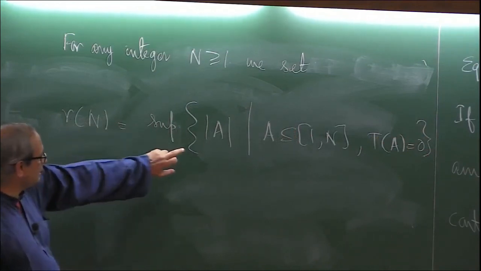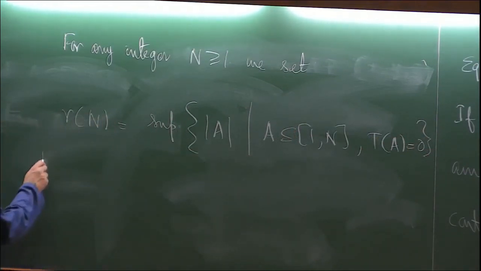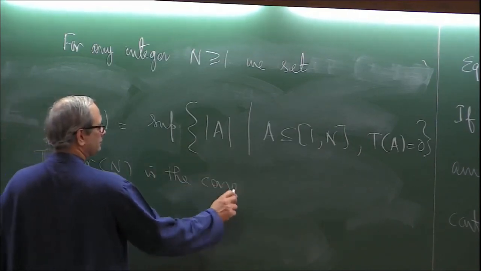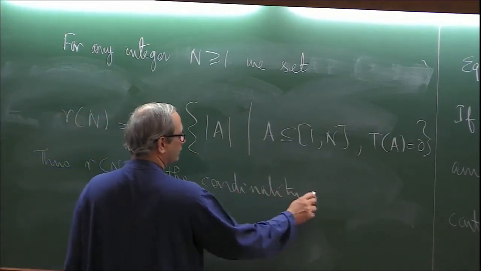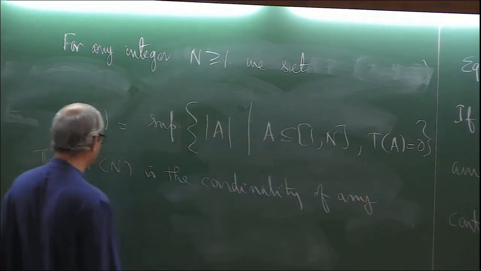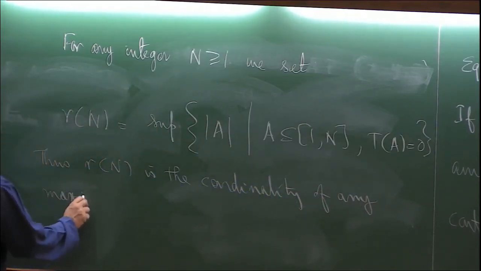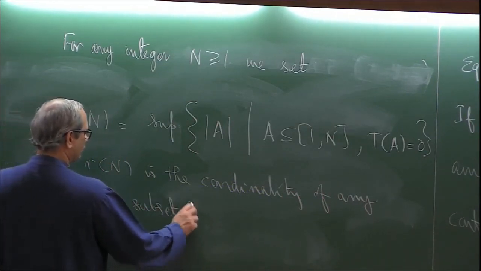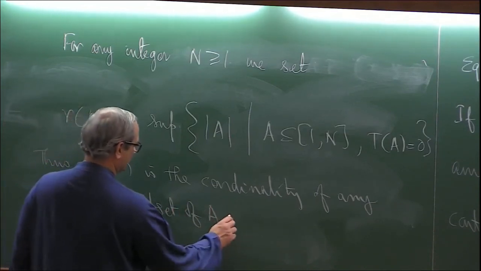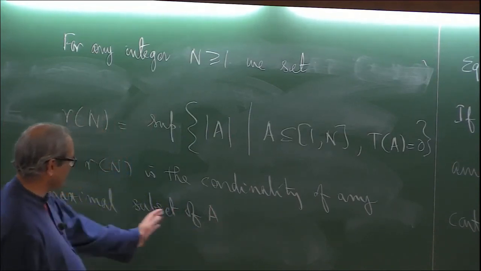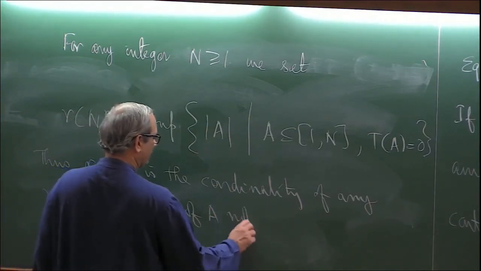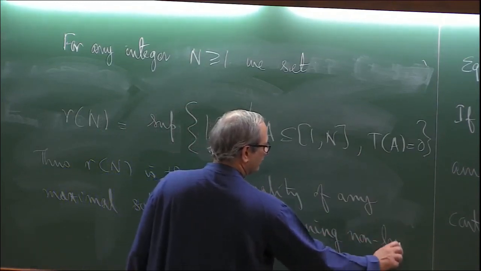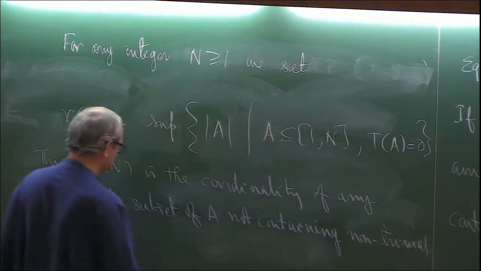So what is R(n)? Thus R(n) is the cardinality of any maximal subset of 1 to n with respect to the condition that it does not contain non-trivial 3-term APs.